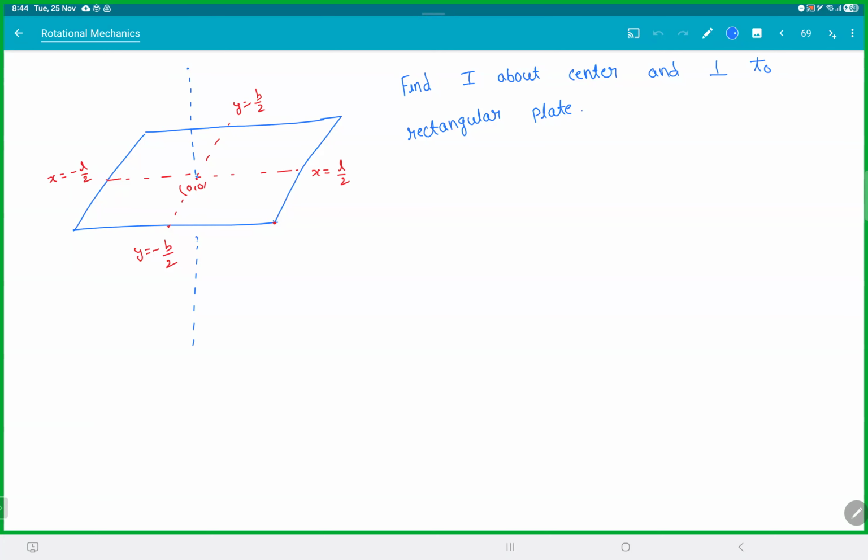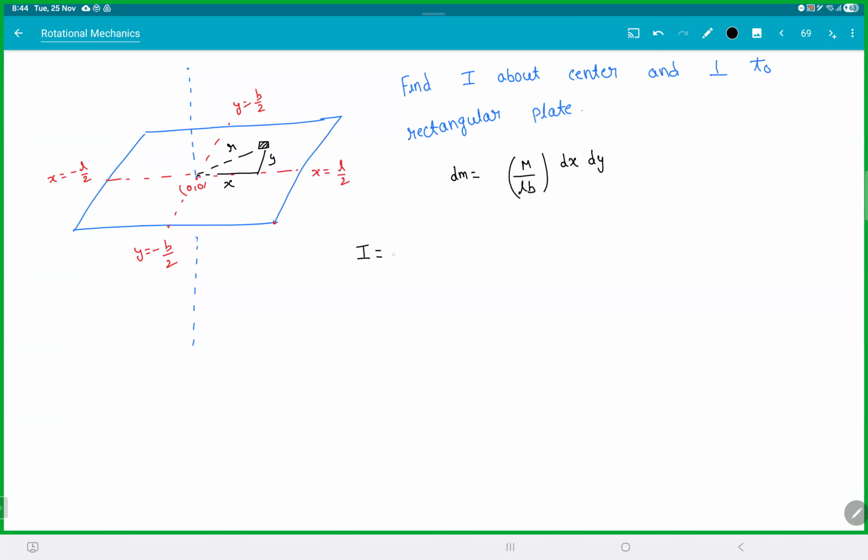So again, same thing. How do we choose an element? Take a small piece here, a rectangle, at a distance x, at a distance y. This will be r. So dm will be mass m by lb, that is mass by area, into dx dy.